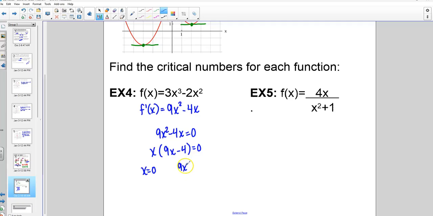And then we'll have 9x minus 4 will also equal 0, where we would just add 4 to both sides. 9x would equal 4. We'll divide by 9. So x will equal 4 over 9. Okay, so our critical points for this would be at 0 and 4 9ths.